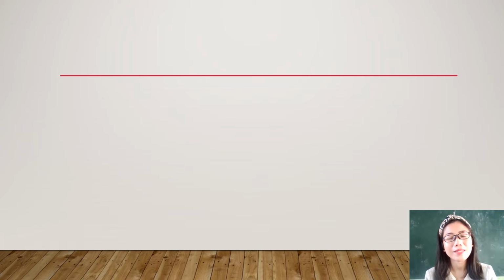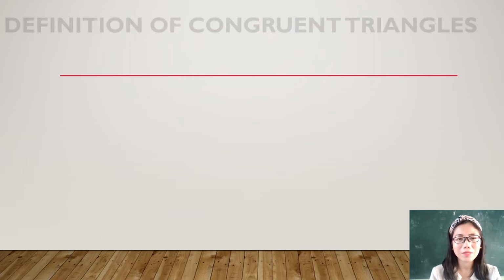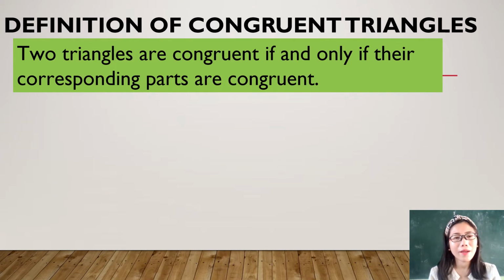Let's define congruent triangles. Two triangles are congruent if and only if their corresponding parts are congruent. This is a biconditional statement, meaning there are two if-then or conditional statements that you can make out of this.